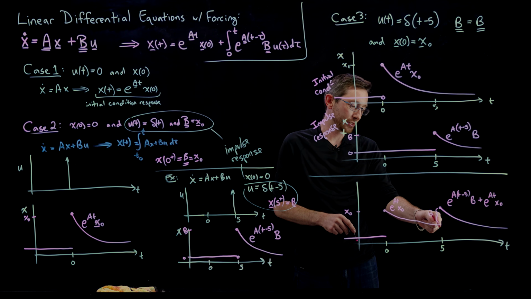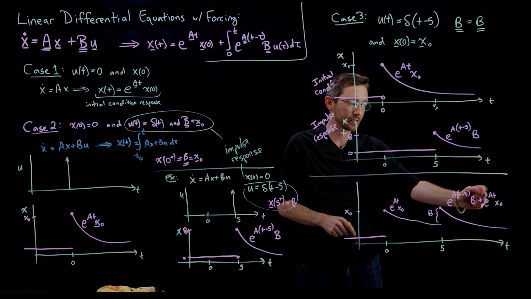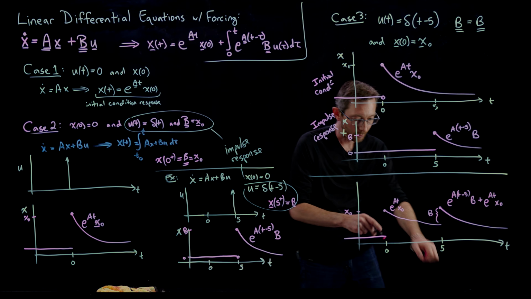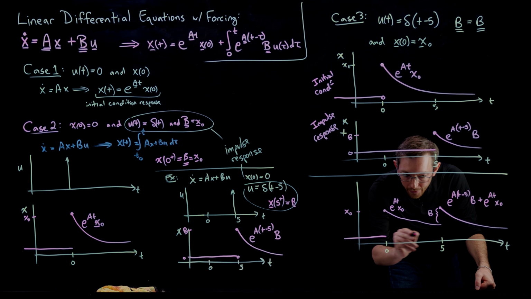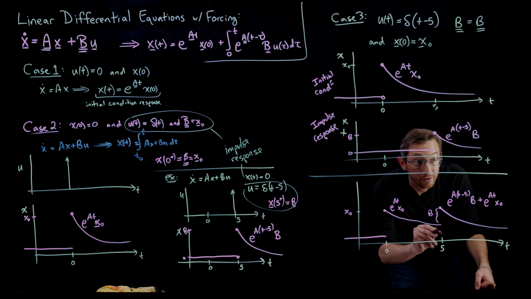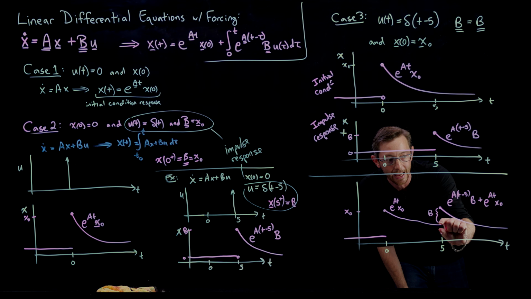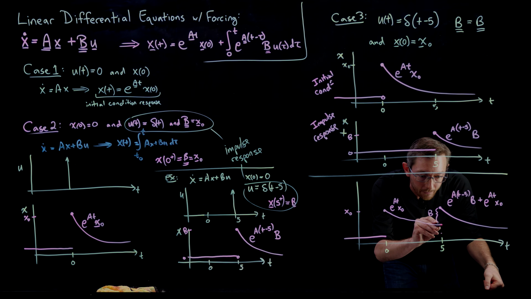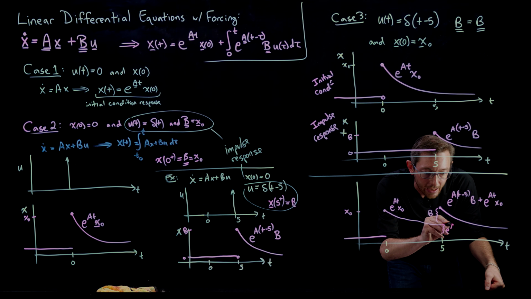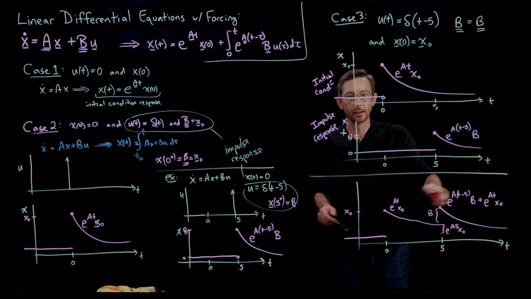And starting at t equals 5, there was still some non-zero remainder here. This wasn't all the way decayed to 0 yet, which is why I drew this a little bit larger than 0. This little delta here is e to the a 5 times x naught, where t is evaluated at 5.